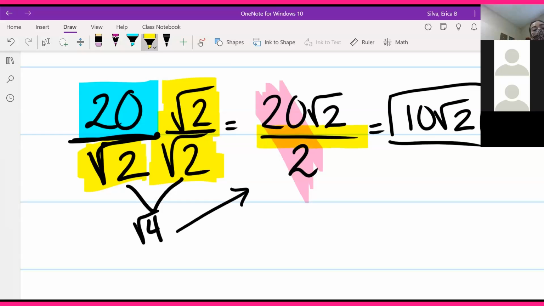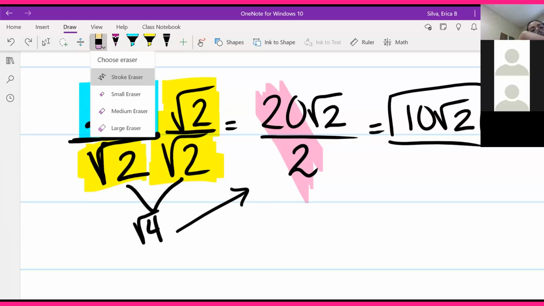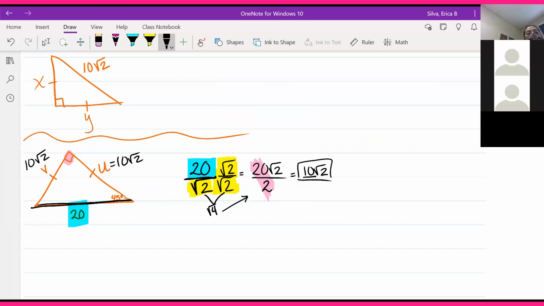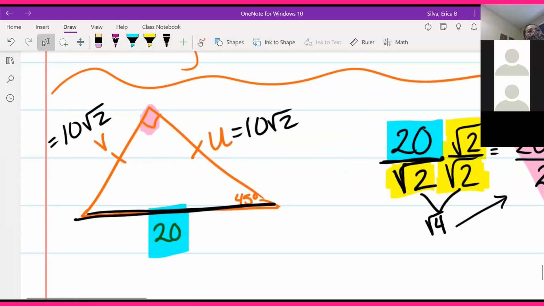So then we get 20 times the square root of 2 divided by 2. After we do that operation, then we look at our whole numbers, 20 and 2, and 20 divided by 2 is 10. Does that make sense? And that's how we get our two side lengths. All right, go ahead and do the problem on Pear Deck.